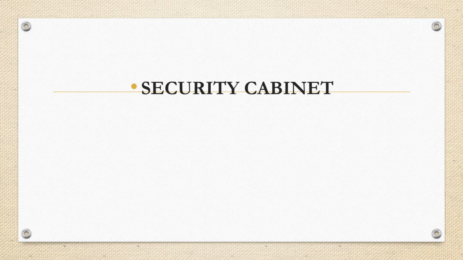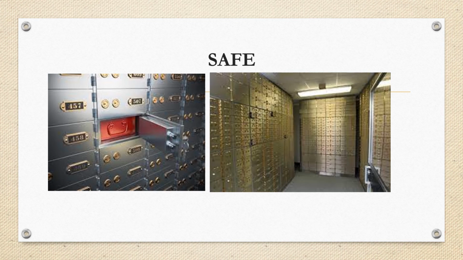Security cabinet is considered the final line of defense. It is where papers, records, plans, or cashable instruments, precious metals, or other especially valuable assets are protected. There are three types of security cabinet.